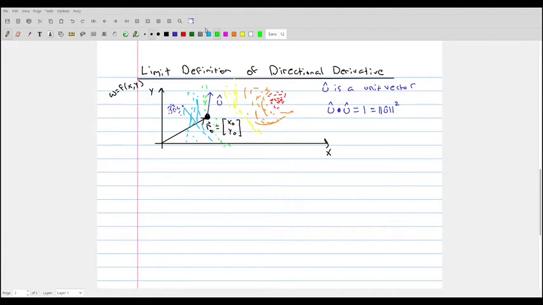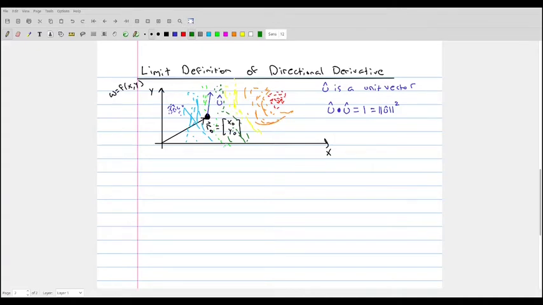This is just a display showing the gradual changing of the function from this point to this point. So what we're interested in is exactly the rate of change in the direction of this vector u hat, at the point r0.